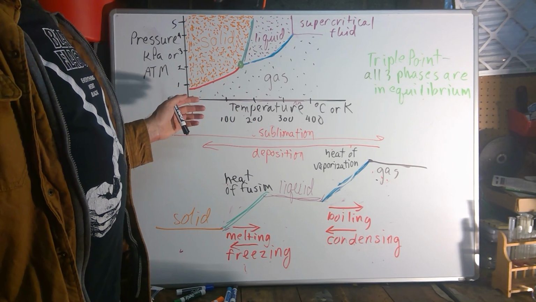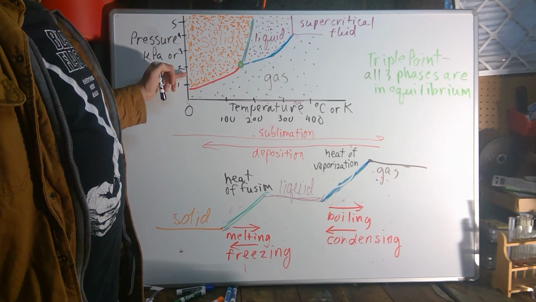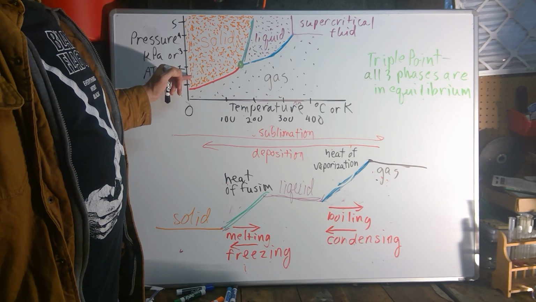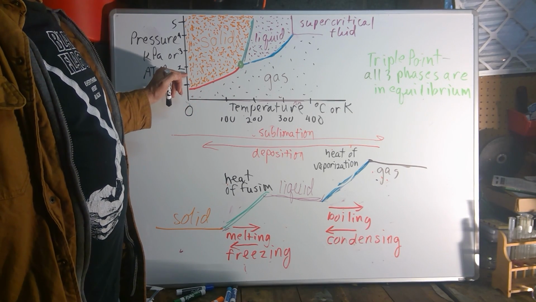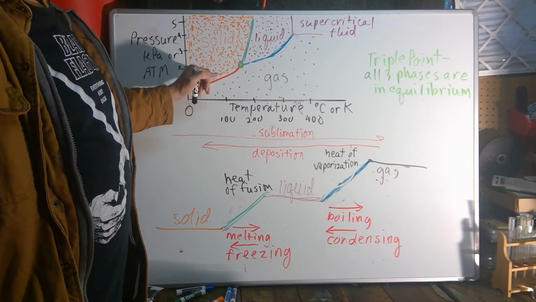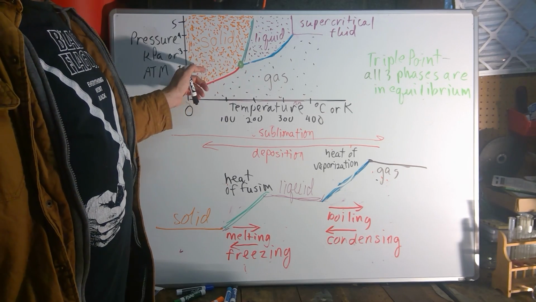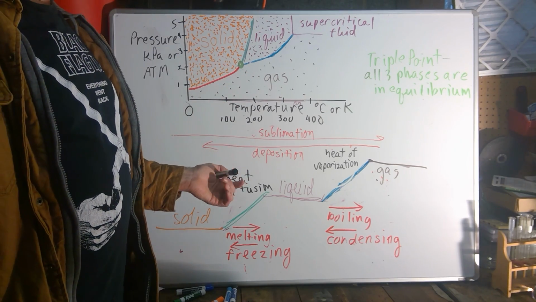So this would be a case where we took a substance at moderate pressure and very low temperature, and then suddenly dramatically raised the temperature without raising the pressure. We would go straight from a solid to a gas.